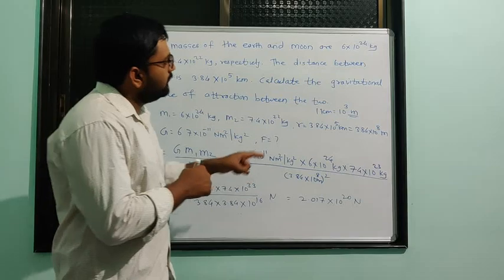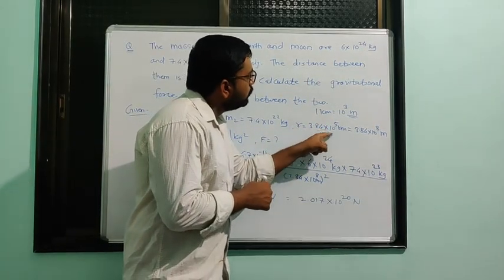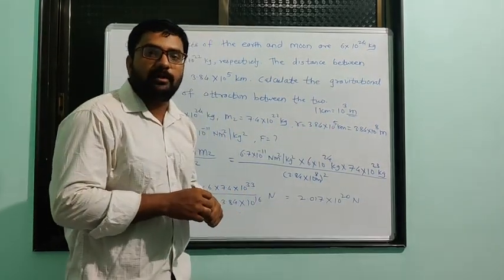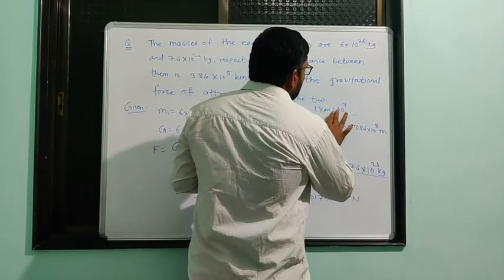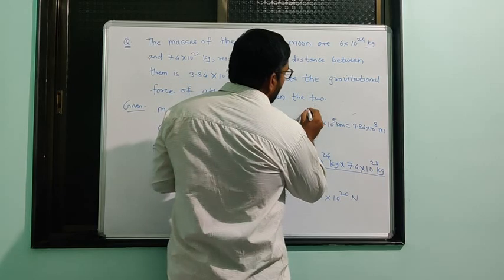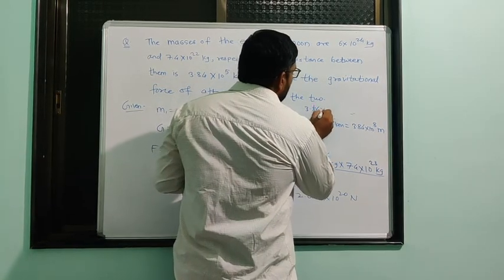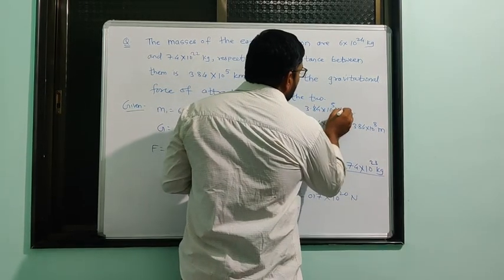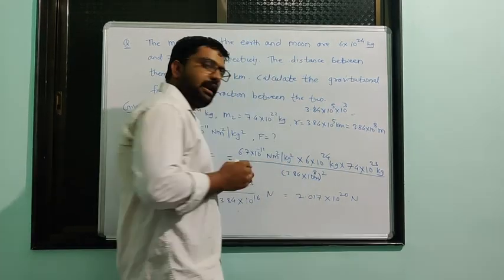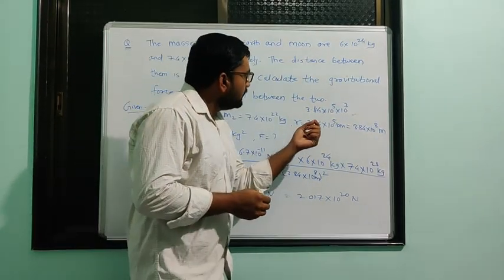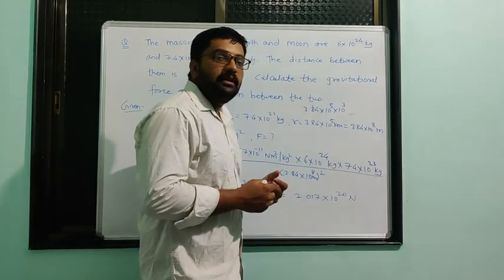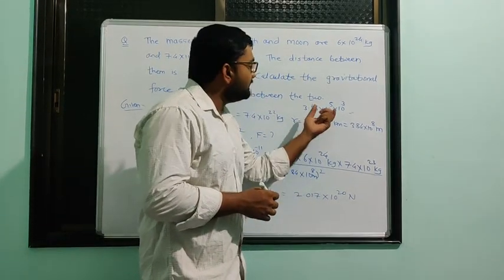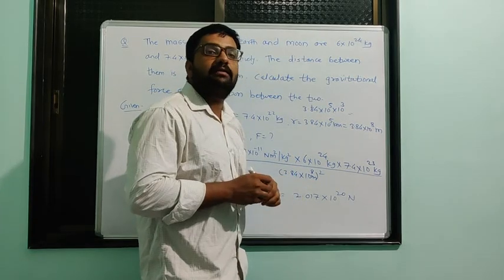In such a way, 3.84 into 10 raised to 5 kilometer will be equal to 3.84 into 10 raised to 5 into 10 raised to 3. And we know that when powers are multiplied, if the base is the same, then the powers will get added.